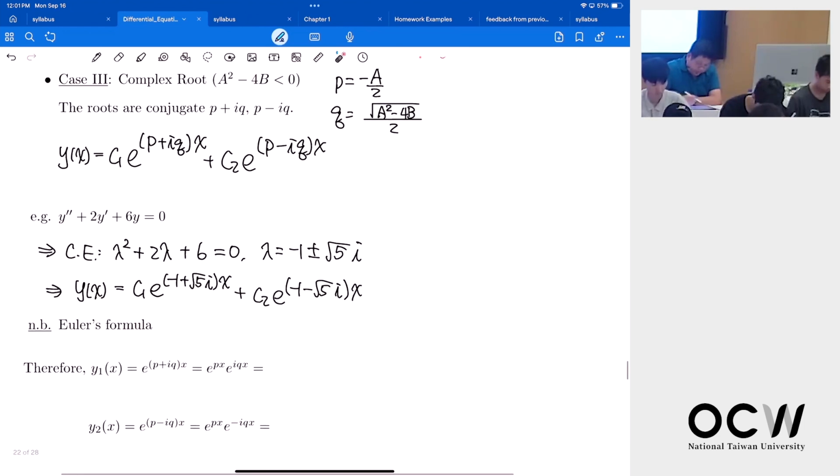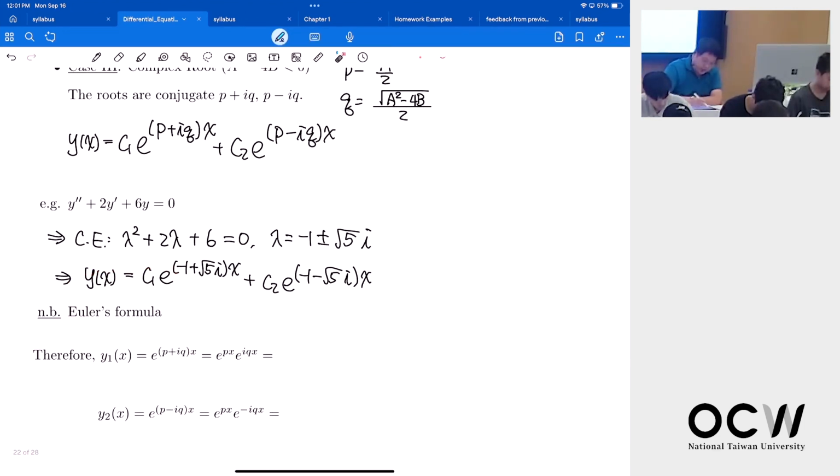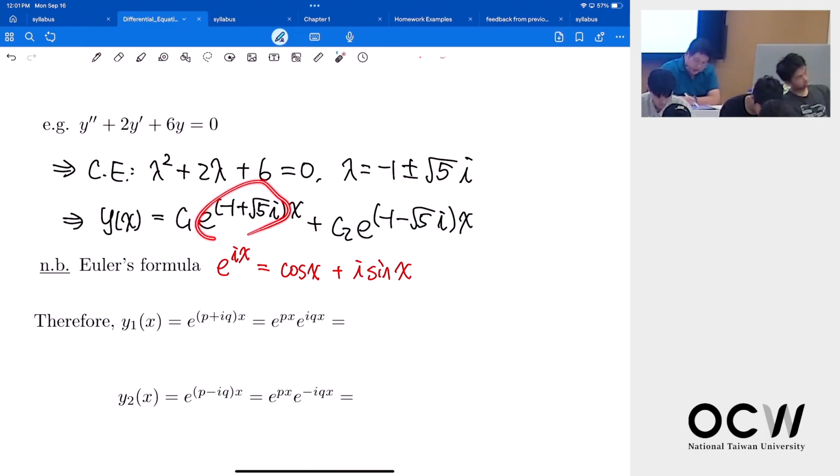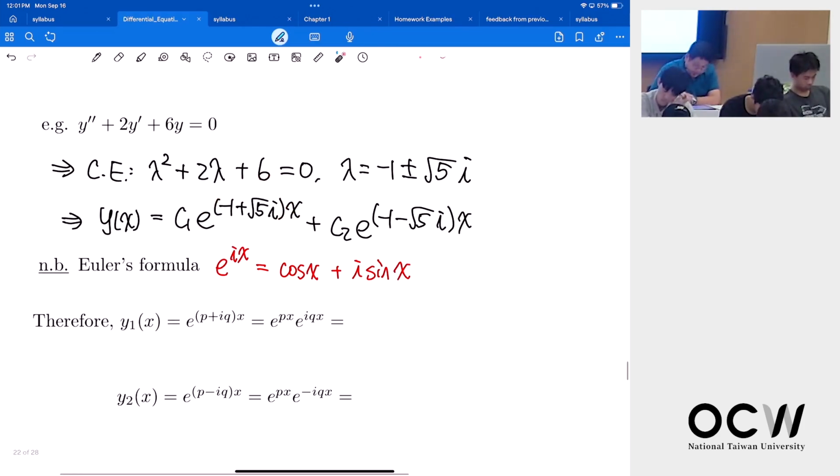If we use Euler's formula, let's see what Euler's formula is. Euler's formula: e to the ix is cosine x plus i sine x. So if I change all the complex exponentials to cosine and sine, then y1 is e to the (p plus iq)x, so I have e to the px times e to the iqx.